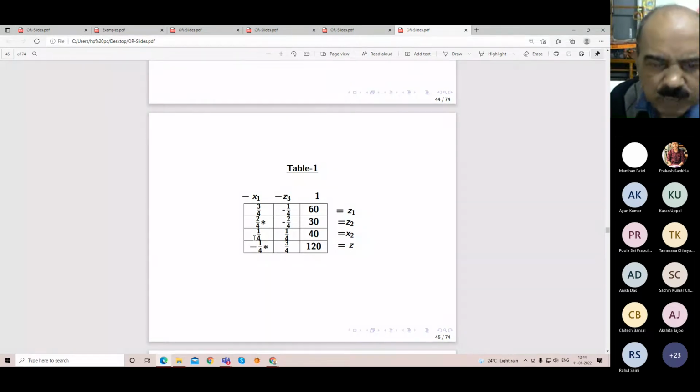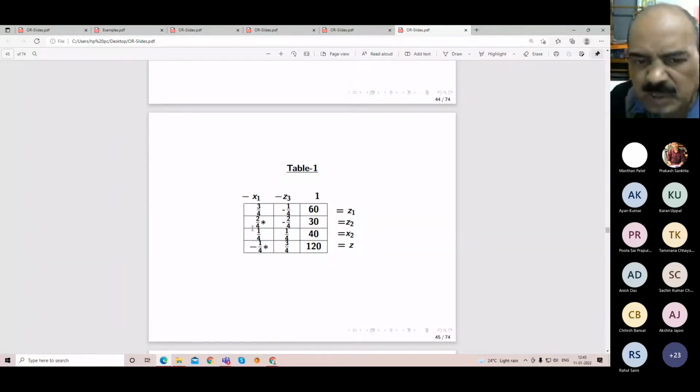So where do we find the minimum positive ratio? There is a star mark you can see here, 2 by 4. 2 by 4 means it is half. So this is a positive ratio, and this is our key element. Because first 60 by 3 by 4 was giving 80, 30 by 2 by 4 is giving 60, then it is giving 160, so 60 is the minimum.